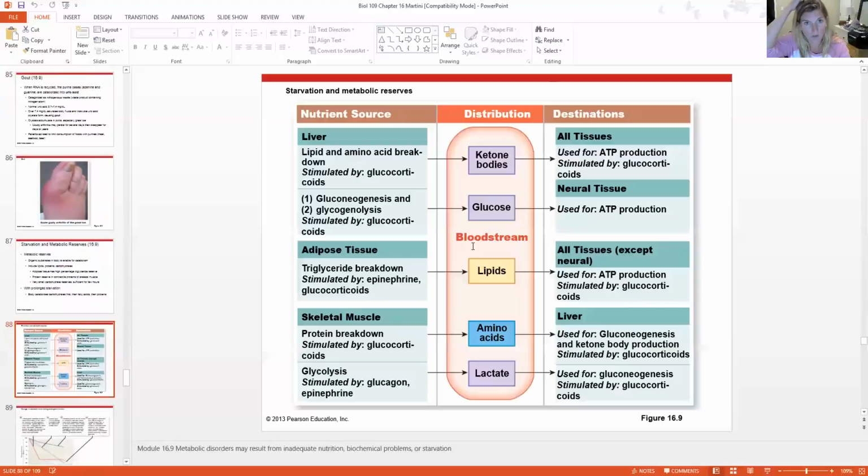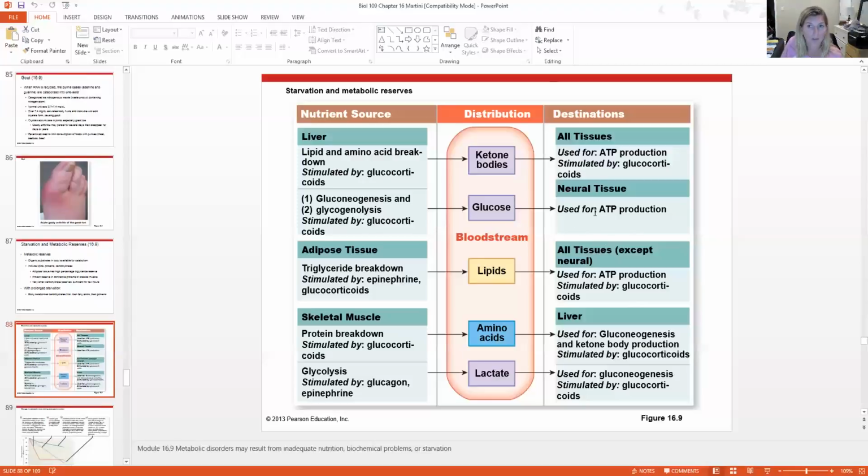So here you see the overall breakdown. Nutrients are stored. They're broken down by glucocorticoids in the liver. Lipids and amino acids break down when stimulated by glucocorticoids in the process of gluconeogenesis or glycogenolysis. They create ketone bodies or glucose. Ketone bodies are used for ATP production, stimulated by glucocorticoids.